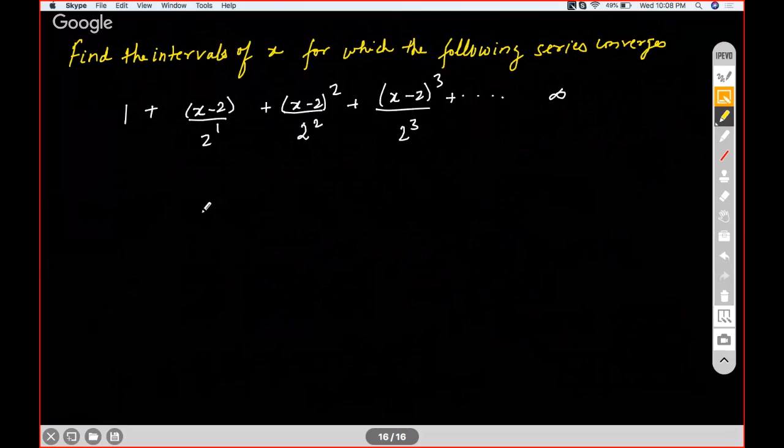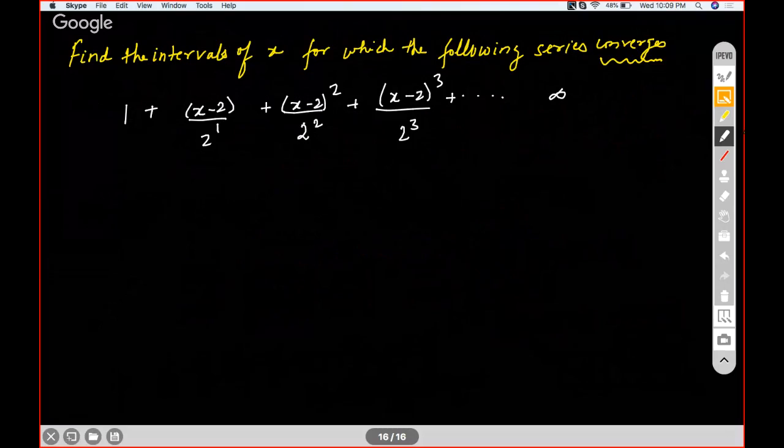What do you have to say? So it converges, right? For what value of x does the following series converge?